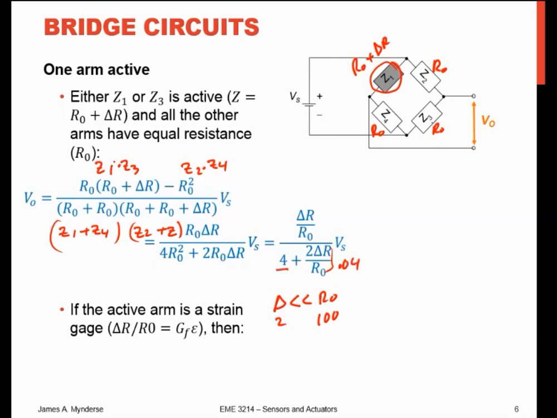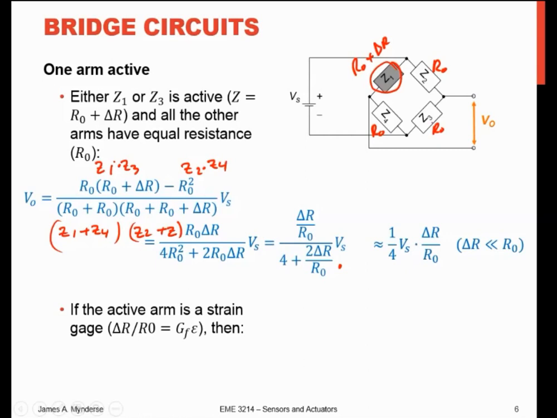The difference between 4 and 4.04 is small. We can approximate that and throw it away, and we get our final equation, which is a slight approximation: 1/4 times the voltage source times delta R over R0 is the equation that we'll work with to do our actual solution. Okay?